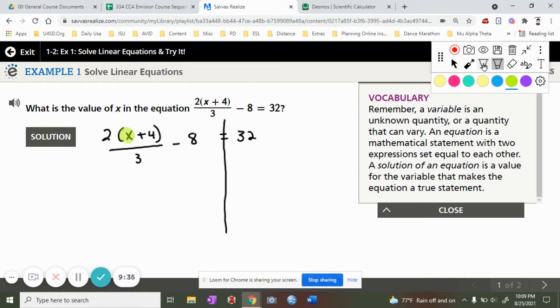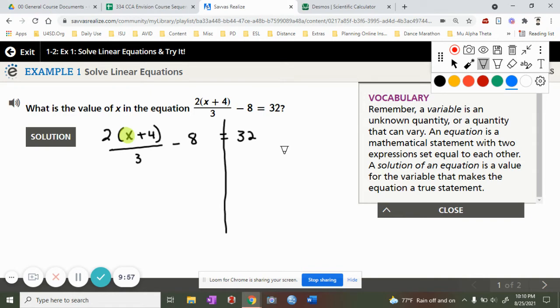So there's quite a bit to undo. The first thing I'm going to move is this minus 8 because it's separated from all of this. This is all bunched together. So let's move the negative 8.